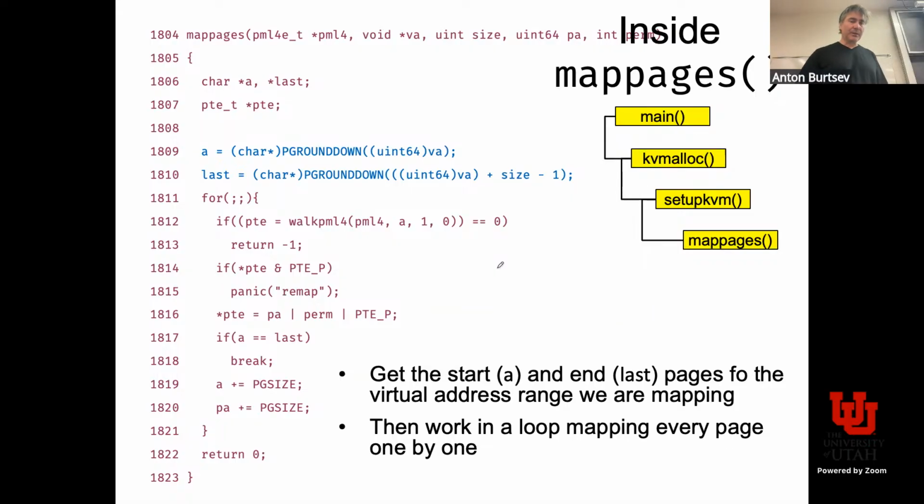I'm taking a virtual address as an input. Since I want to map this address, and you can set this up differently, you round down to the previous page, and you get address a. You do the same for the last address, virtual address plus size. You pass the size as an argument.